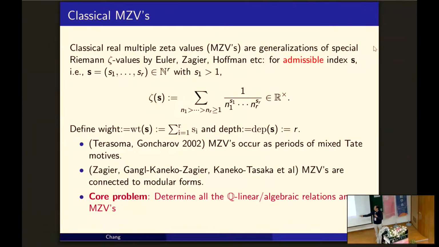And it has connections with modular forms, due to Zagier, Gangl, Kaneko, and others. One central problem from the point of view of transcendence theory is to determine all the linear or algebraic relations of these MZVs.